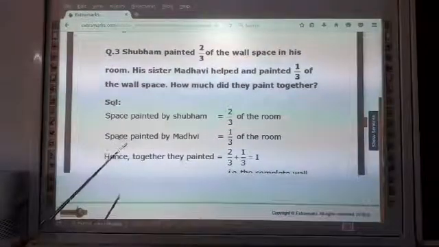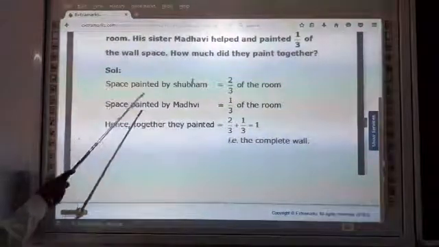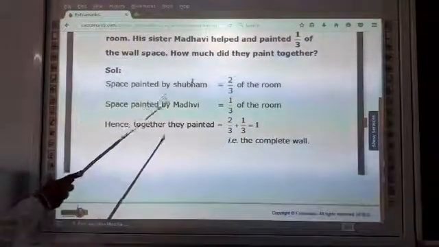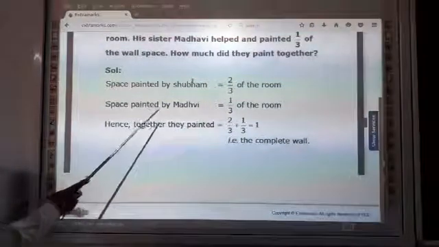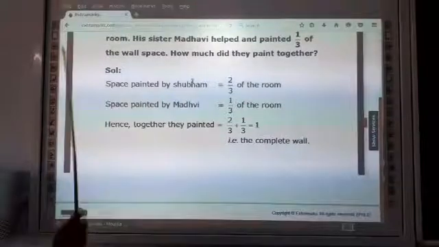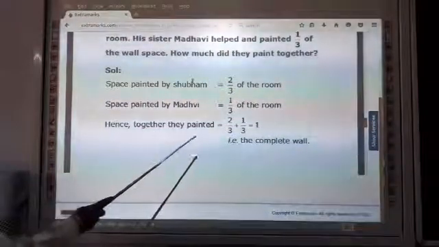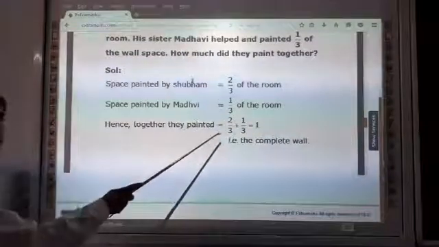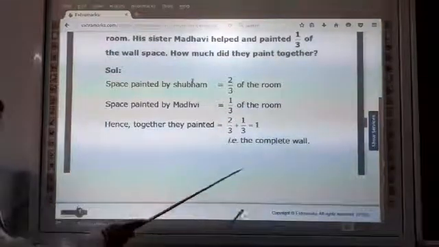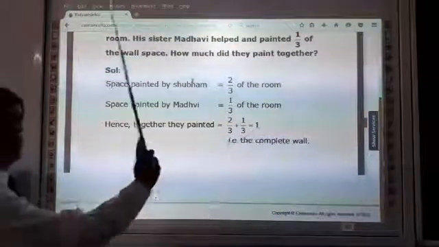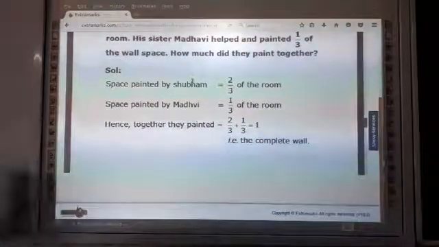Solution is space painted by Shabnam is 2 by 3 of the room, and space painted by Madhuri is equal to 1 upon 3 of the room. Together they painted 2 by 3 plus 1 upon 3, which is 2 plus 1, 3 upon 3. Cancel out, it is equal to 1. That is the complete wall. Okay.